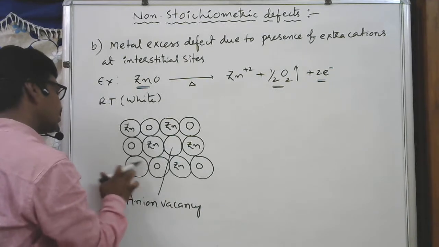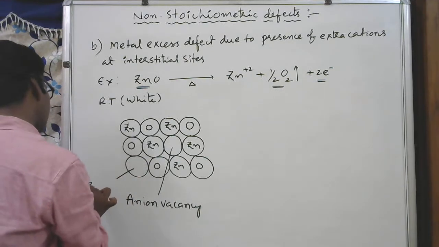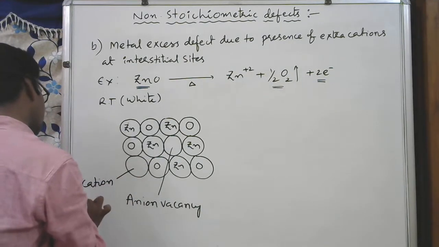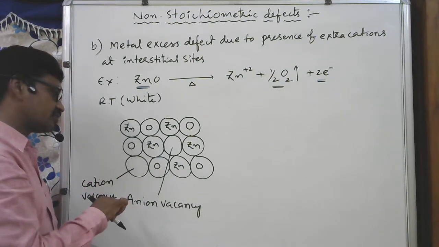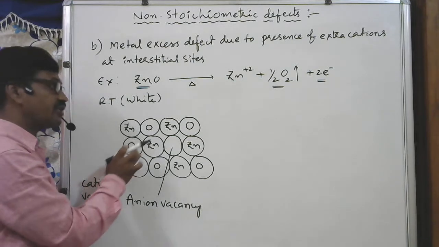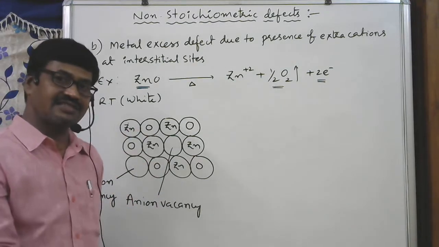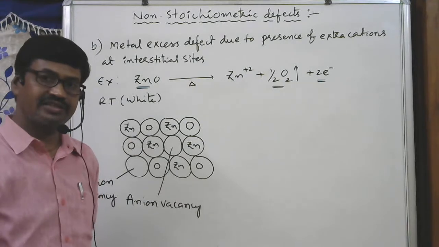So this zinc is eliminated. This is a cation vacancy. Both are present here. Anion vacancy is present, and cation vacancy is also present. But this cation did not escape as a gas like oxygen, like the anion.